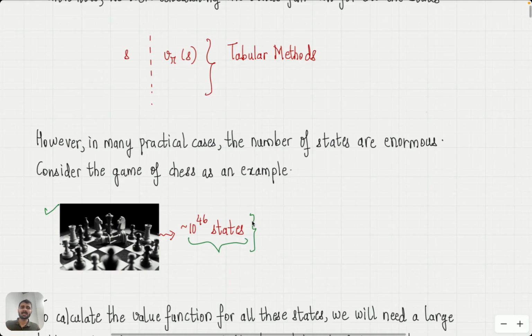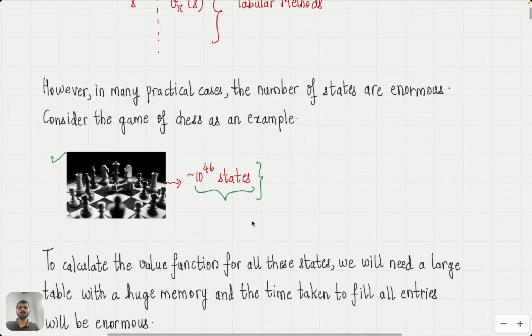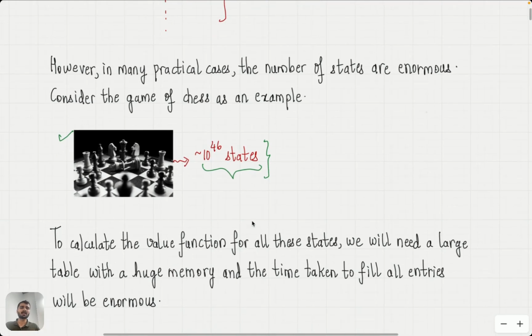Now this is an incredibly hard task which takes a huge amount of memory and also time to do these kinds of computations. That is why tabular methods, although they are easy to understand, they are easy to discuss in academic settings, they are good as a precursor to modern reinforcement learning, they are not very practical. They cannot be used for practical use cases.